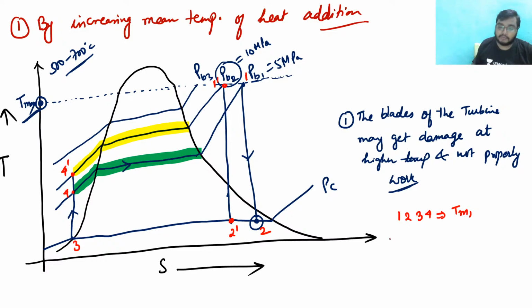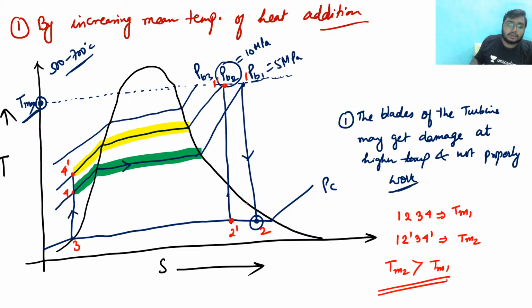Now for the graph 1, 2 dash, 3, 4 dash, I am having a different mean temperature of heat addition, and this Tm2 is greater than Tm1. So if I am increasing the pressure, then the mean temperature of heat addition is increasing.